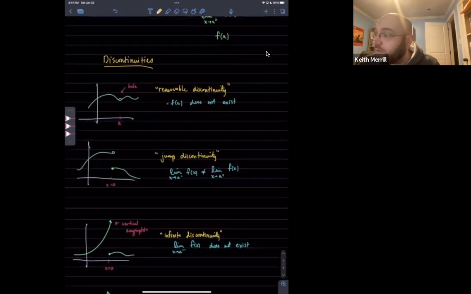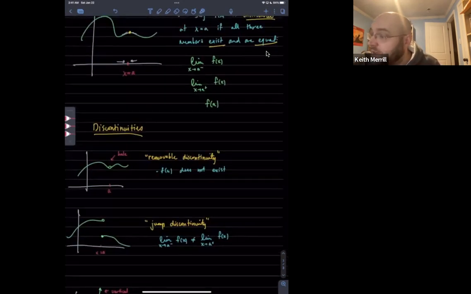And remember, if the function value is not defined, then there's no way that it can equal the other numbers. So again, polynomials are continuous everywhere, exponentials are continuous everywhere, log is continuous everywhere on its domain, cosine is continuous everywhere, sine is continuous everywhere. Tangent, now we're getting into fractions. Fractions of continuous functions are generally going to be continuous except where the denominator is equal to 0.